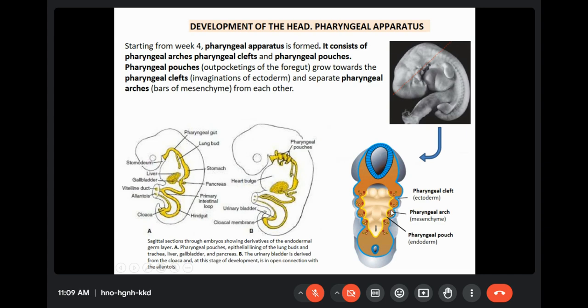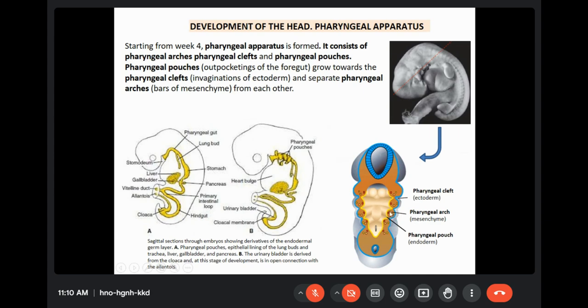So these are pharyngeal pouches. The ectoderm makes pharyngeal clefts, which grow towards the pharyngeal pouches. And so both pharyngeal clefts and pharyngeal pouches separate the parts of mesenchyme, which are called pharyngeal arches.